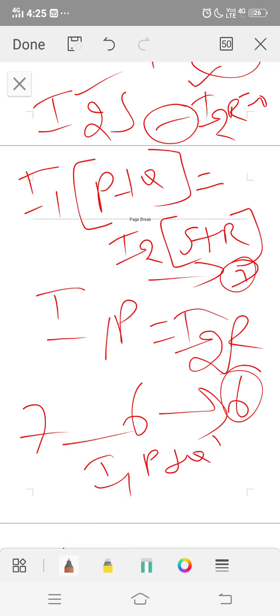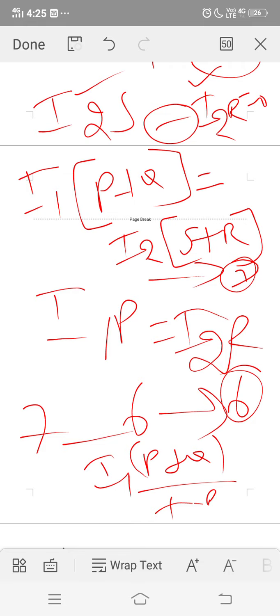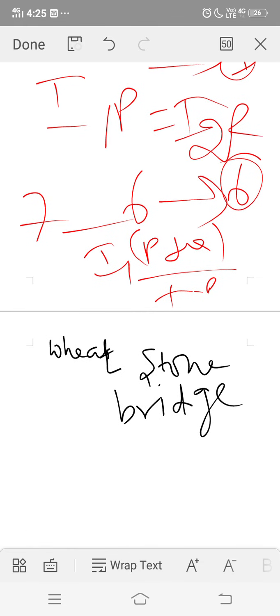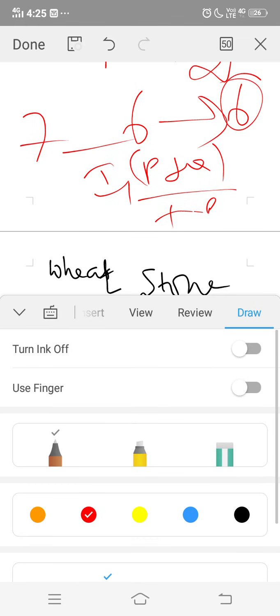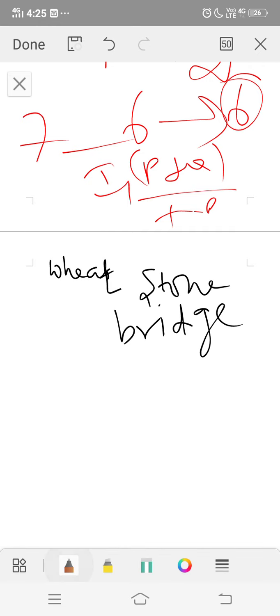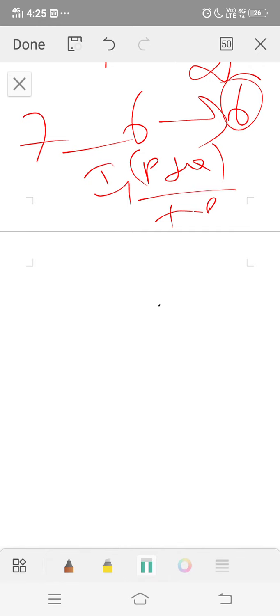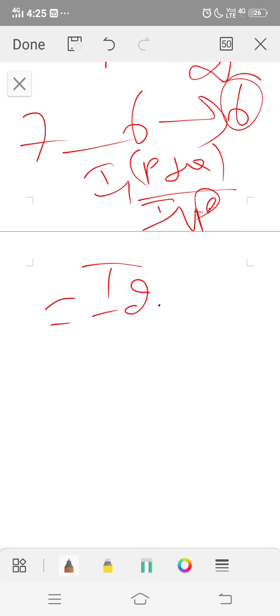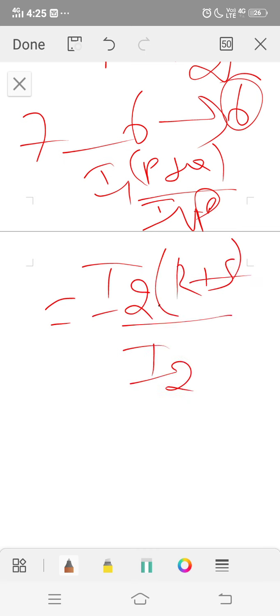I1 times P plus Q divided by I1P is equal to I2 times R plus S divided by I2R.